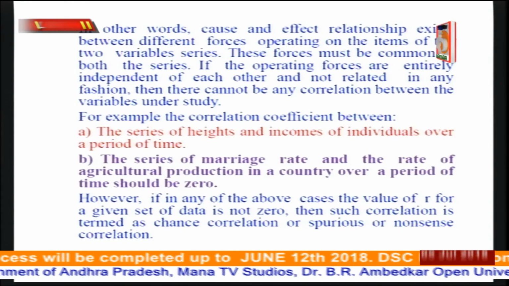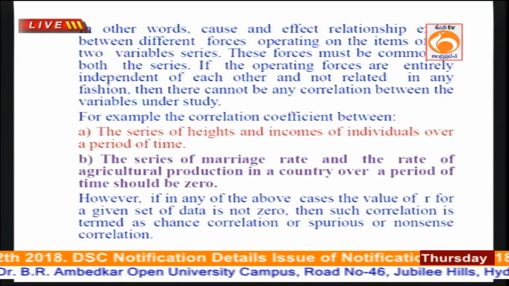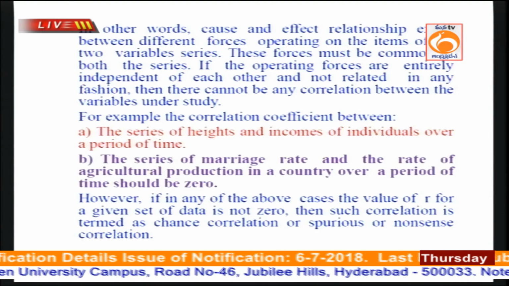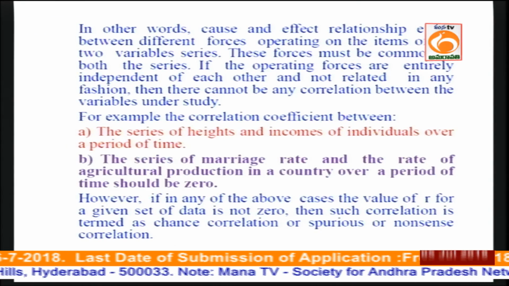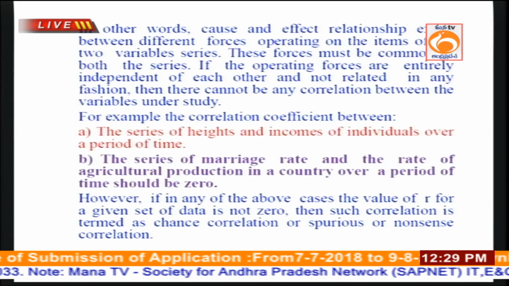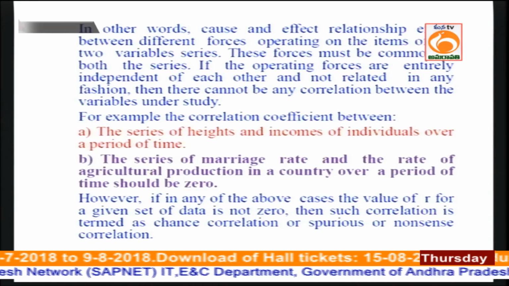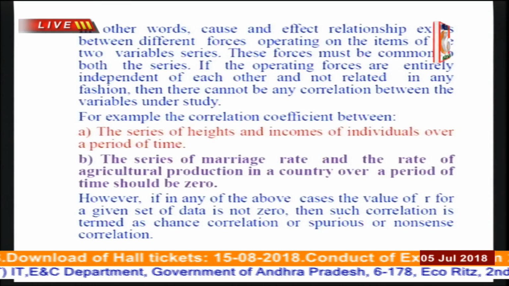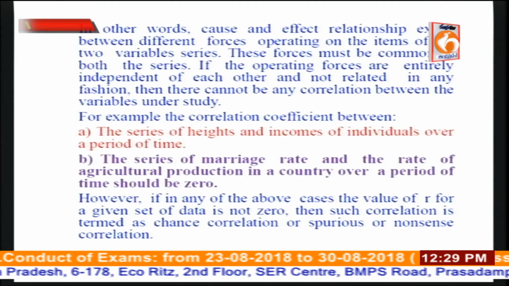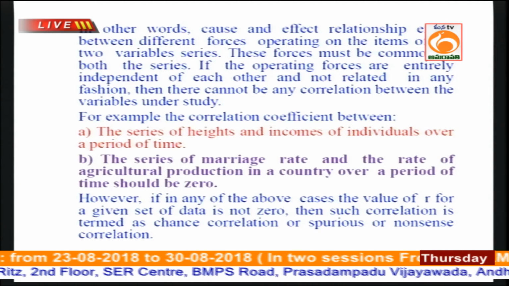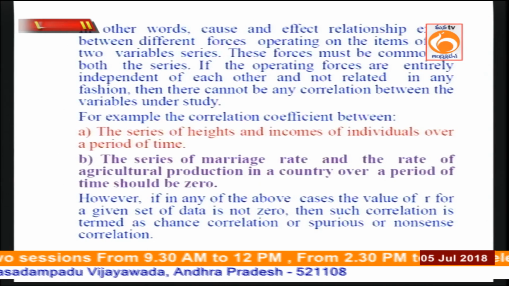Students, keep in mind that the series of marriage rate and the rate of agriculture production in a country over a period of time should give 0, because these two variables are independent. So in any of the above cases, if the value of r for the given set of data is not 0, then such correlation is termed chance correlation, spurious correlation, or nonsense correlation.